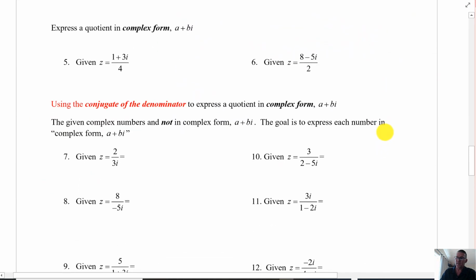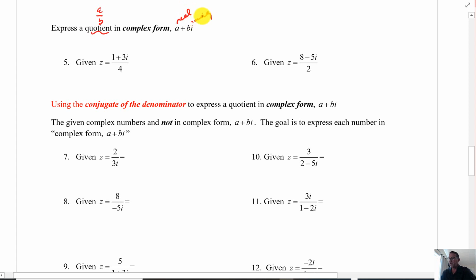Okay, so here we go. Check this out. Now we're going to take a look at a quotient. A quotient, as you guys know, is a divided by b. It's a rational number. But we're going to take a look at quotients in complex form. So how do we get this quotient in complex form, where we have a real part plus an imaginary part?